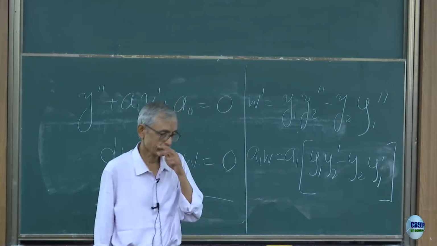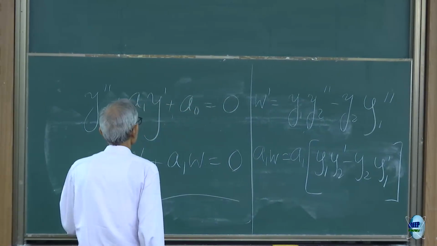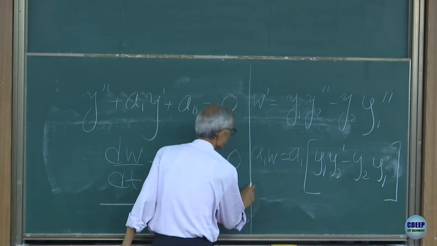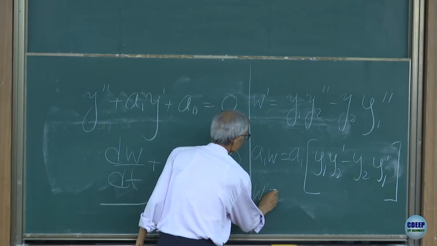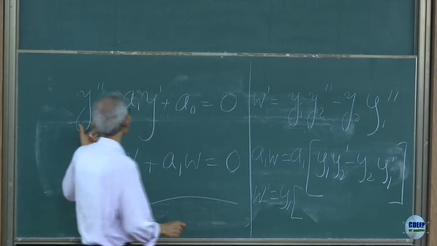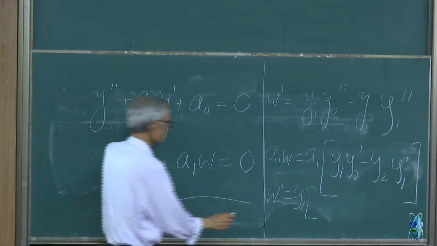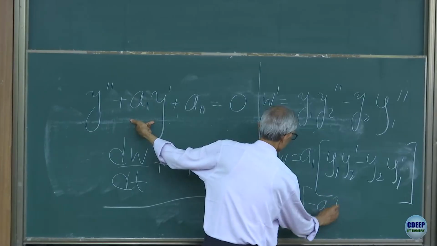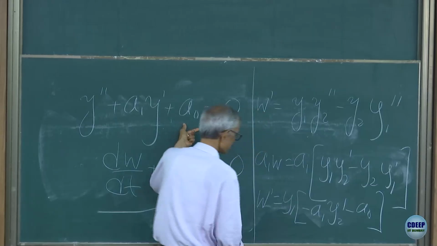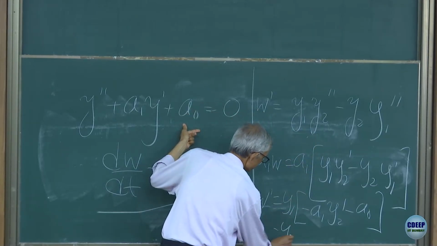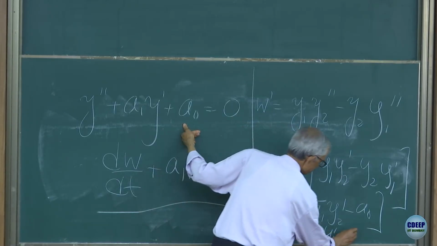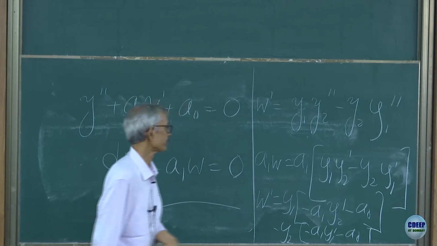Okay. And if I plug this inside here, w prime is going to be equal to y1 and then y2 double prime, which I get from the equation as minus a1 y2 prime minus a naught y2. That's one of the terms. And then minus y2 times minus a1 y1 prime minus a naught y1.